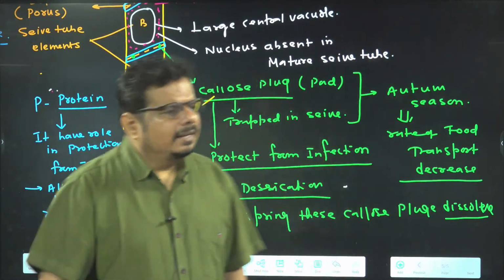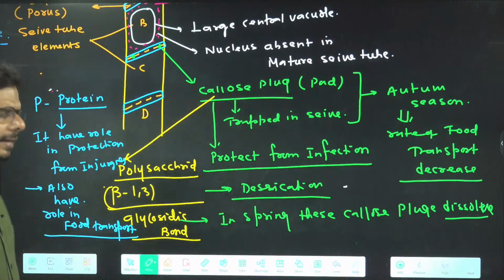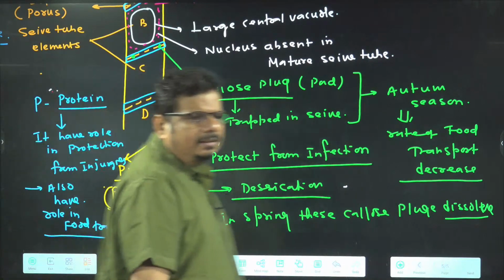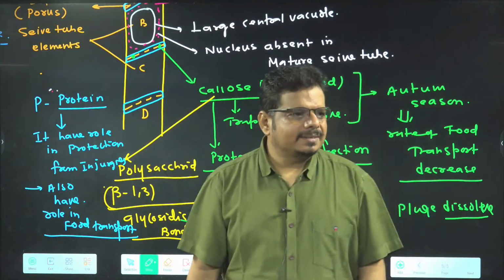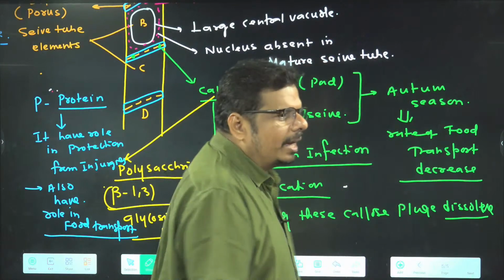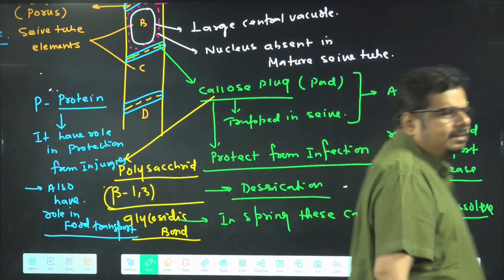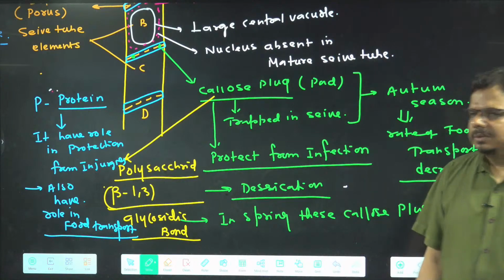Okay, ji. Now we are moving ahead to the next, and that is which one? Companion cell. Okay, sister cells. Right. So have a look. We are going to discuss companion cell now.